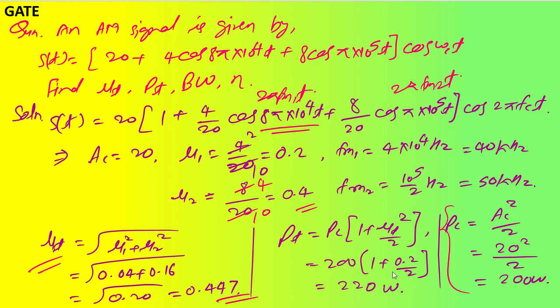So 200 times (1 + μ_t²/2). The square root of 0.2 was μ_t, so μ_t² is 0.2, and 0.2 divided by 2 is 0.1, so 1.1 multiplied by 200 is 220 watts. So 220 watts is the total power of the amplitude modulated signal.